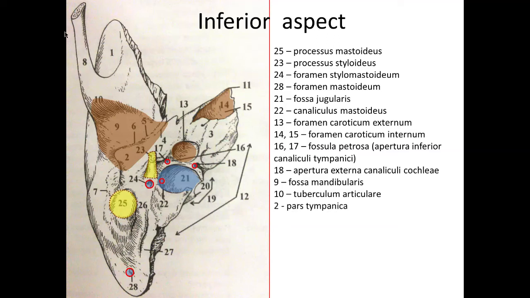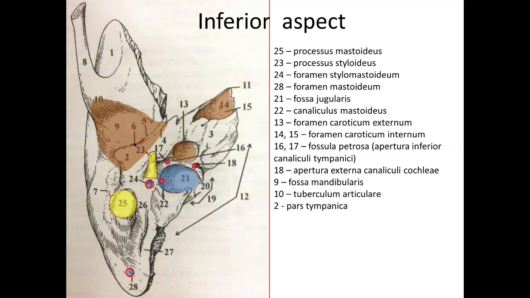Then, number 2, pars tympanica. I'd like you to remember that fossa mandibularis is divided into 2 parts. One part of it belongs to the squamous part of temporal bone, and the second part belongs to the tympanic part of temporal bone. And the border between them is demonstrated as number 6.